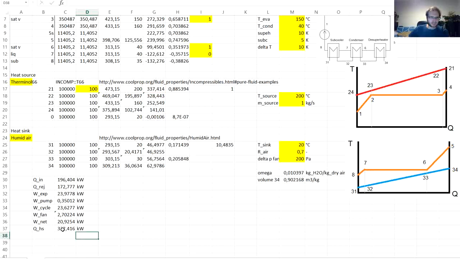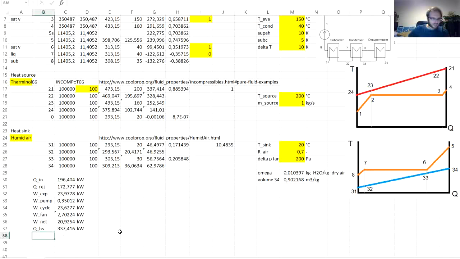And you can see that theoretically you could extract almost 340 kilowatts out of the heat source, while you get only 200 kilowatts because of the pinch point limitations and condensation at temperature higher than ambient.